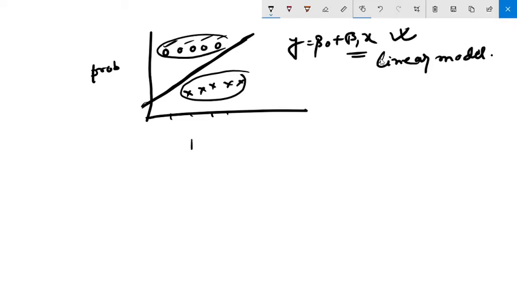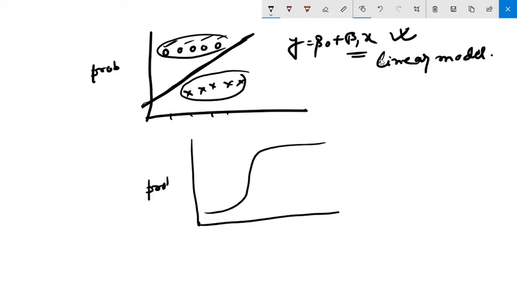So what I'm trying to say is this. Let's say now I have a logistic regression curve. Okay. So a logistic regression curve basically looks like this, not exactly a straight line, but this is a logistic regression curve. So this side is the probability side, y-axis, and this is the input side, let's say.